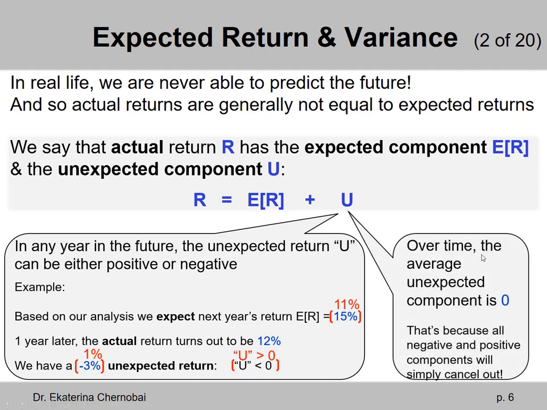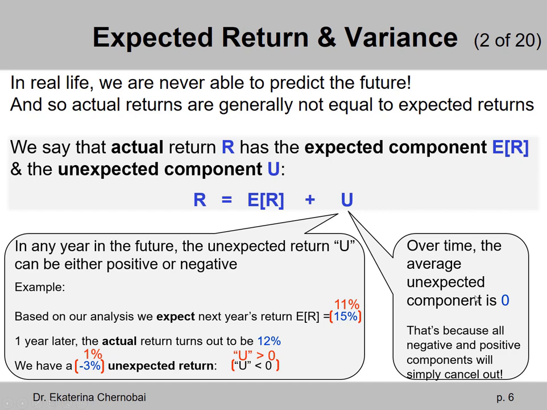It's also probably reasonable to say that we're always going to be off, either overestimating or underestimating how much we will earn on our investment. So over time, over many years, as we keep estimating our future returns, the unexpected return component on average will equal 0. So 0 means that we are never consistently optimistic or pessimistic.